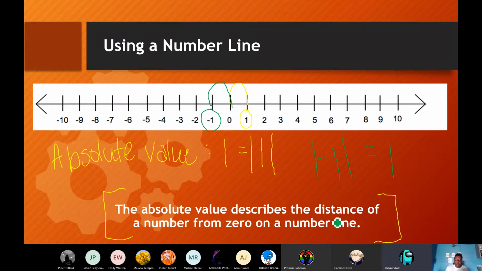Now, someone tell me again, when I say the absolute value, what am I actually saying? The distance from a number to the 0. Very good. So it's important for us to realize that 1 and -1 have the same absolute value.